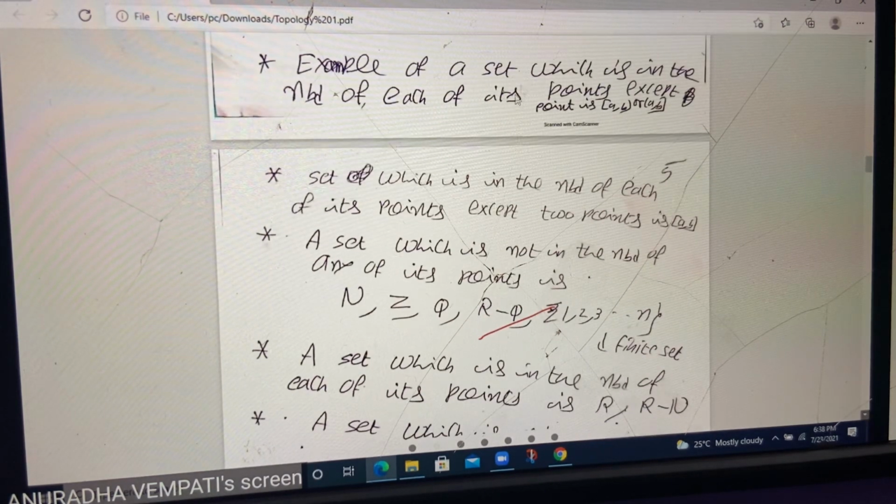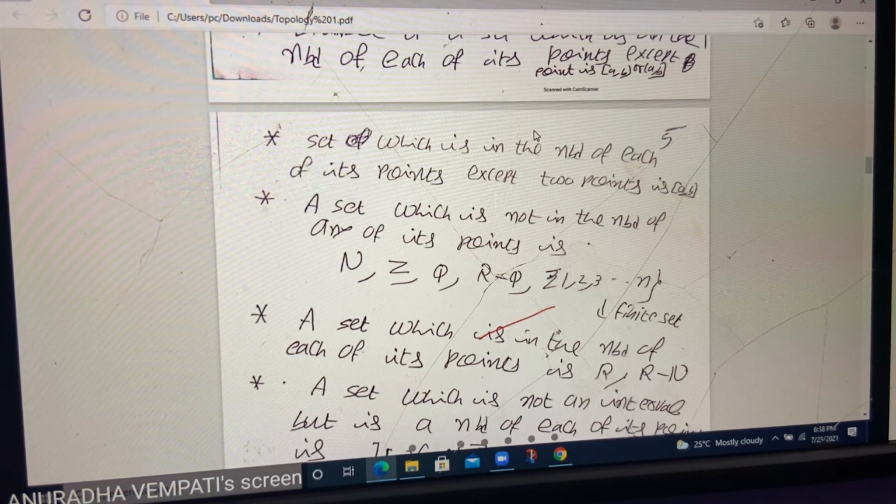Okay, next. A set which is in the neighborhood of each of its points except 2 points is a closed interval. Because whenever it is a closed interval, every point inside is an interior point, but A is not an interior point, B is not an interior point. Therefore, 2 points are excluded. Every other point inside is an interior point. Up to this clear?